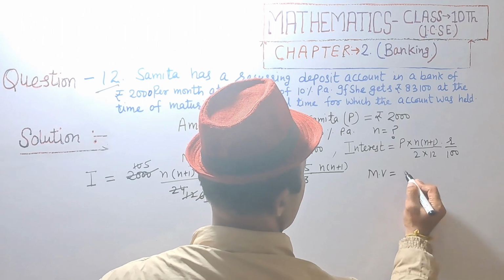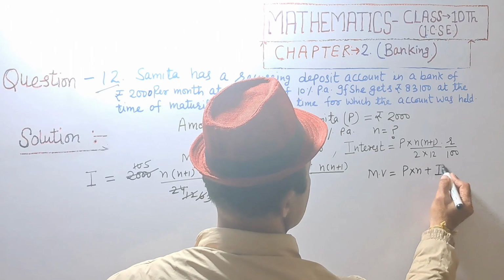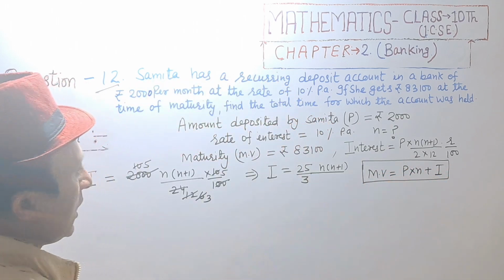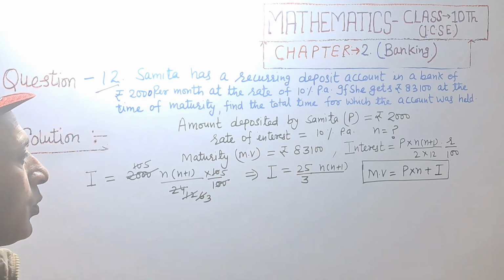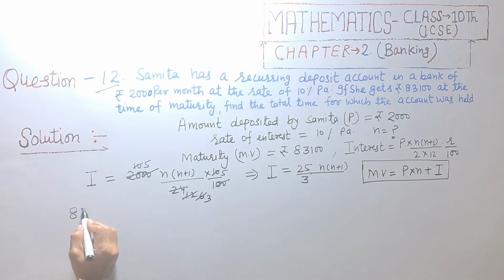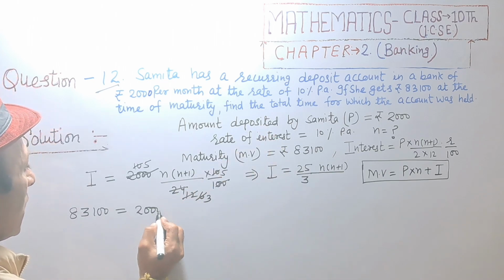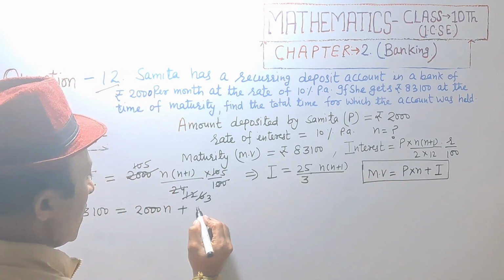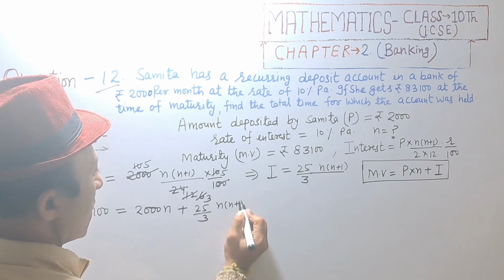Matured value is equal to P into N plus interest, and given matured value, maturity is equal to 83,100 rupees. 83100 is equal to P, which is 2000 N, plus interest, we get 25 upon 3 N into (N plus 1).